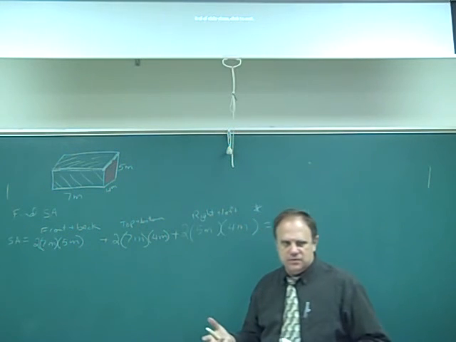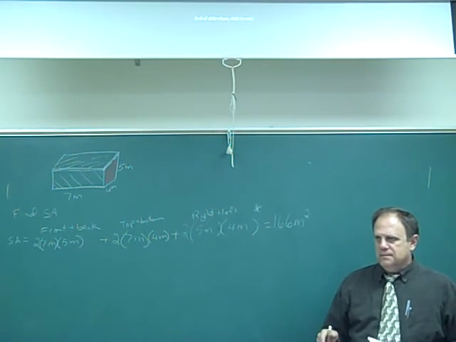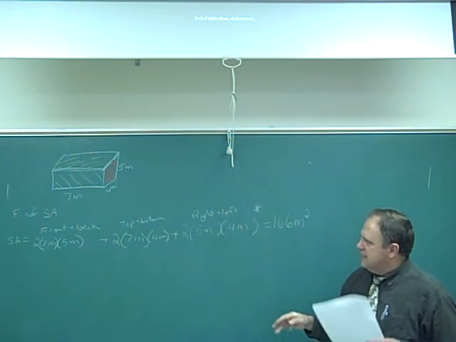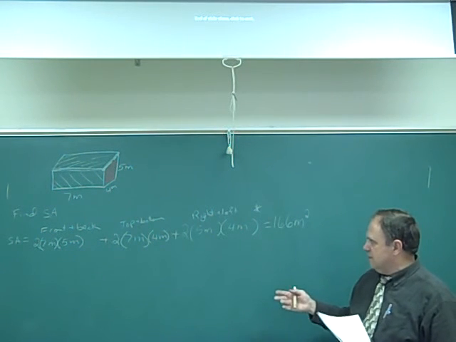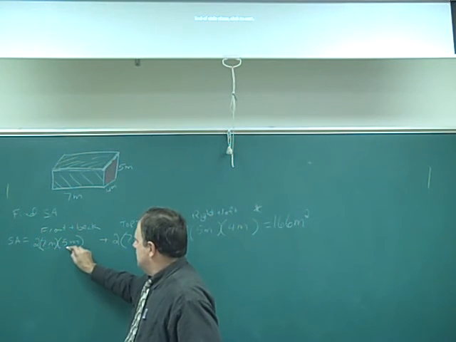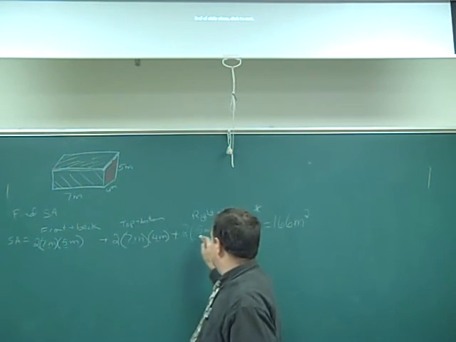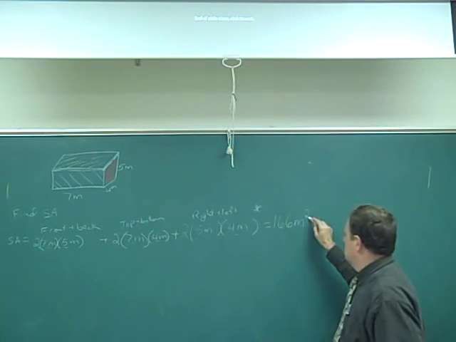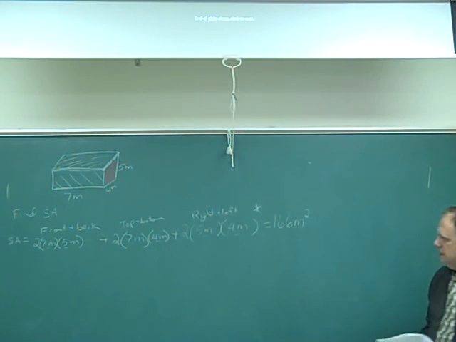Because it's like a box, right? We're trying to get the surface area of this rectangular shaped box. So it's going to be meters squared plus meters squared plus meters squared, right? Alright, and so we get 166 meters squared. Alright, good. Any questions with that?